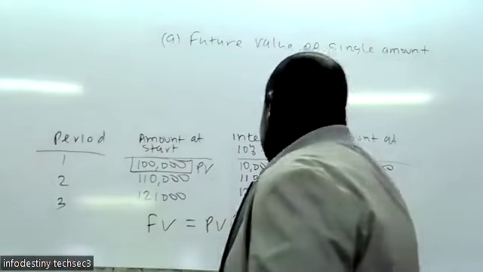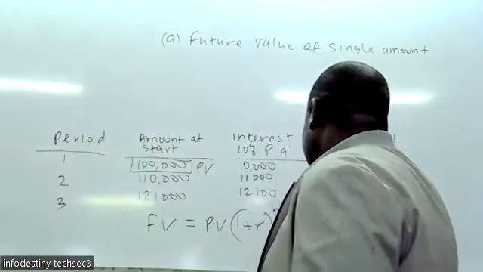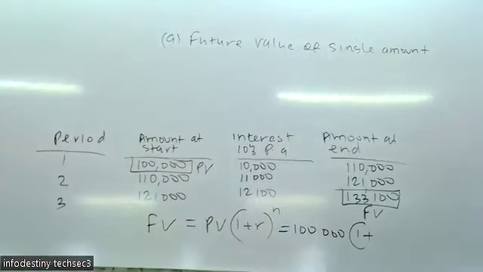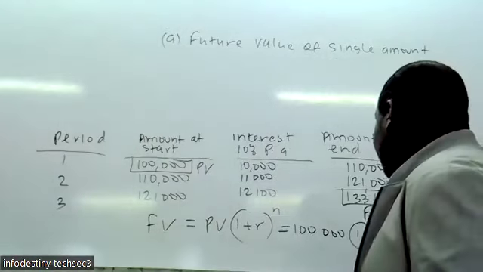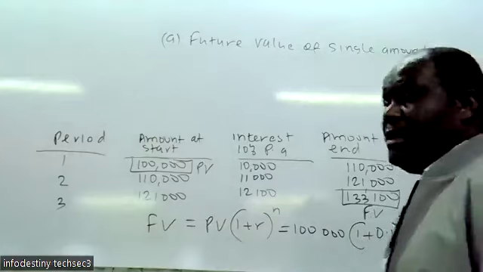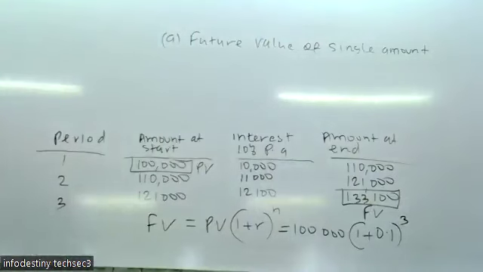So our present value is 100,000. R is the interest rate, which is 10%, the same as 0.1. N is meant to be 3, so that you come up with the future value of that amount.